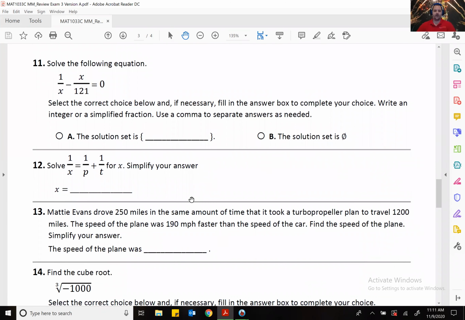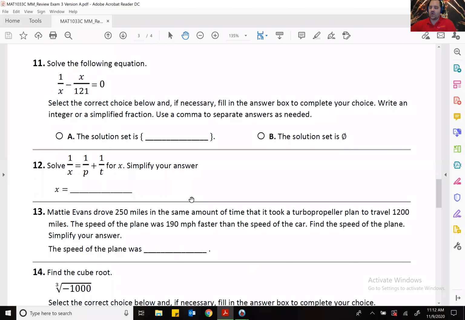All right, number 12. So we got 1 over x equal to 1 over p plus 1 over t.